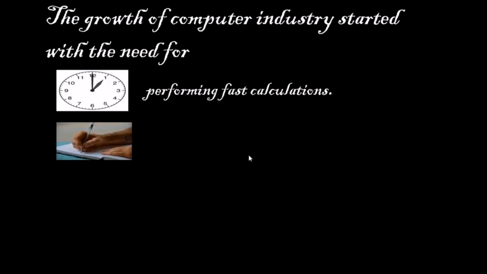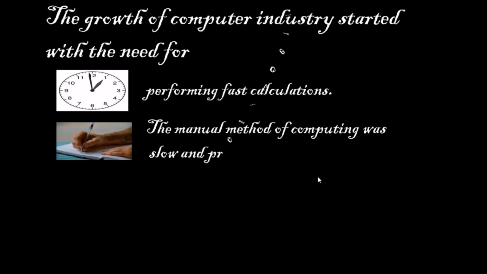Some small information about computers. The growth of the computer industry started with the need for performing fast calculations. This is very important for a computer. In the starting stage, people did manual calculation. It was very slow and prone to errors.